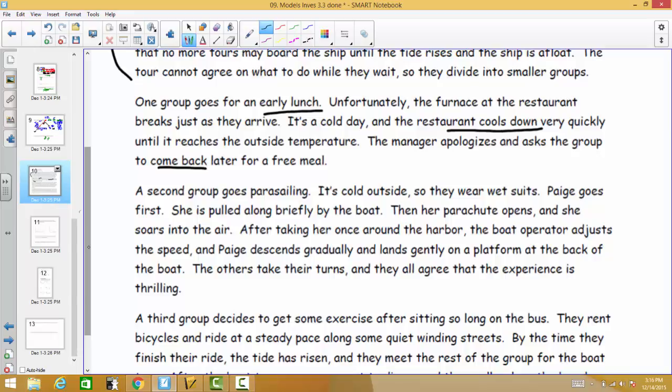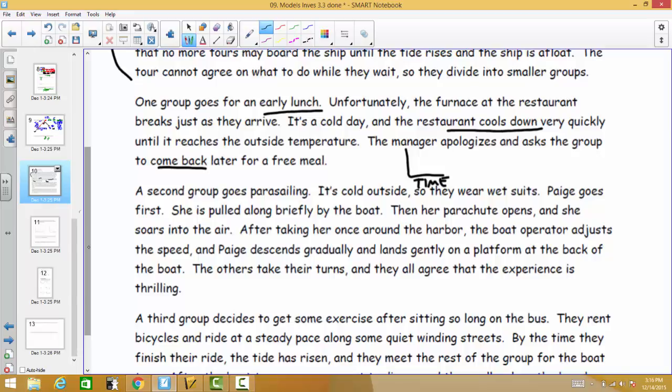So if you're thinking about this situation, if you're thinking about a graph, what would be the label on the x-axis? What are we in charge of? What's the independent variable? And that is time. And then what would the y be?